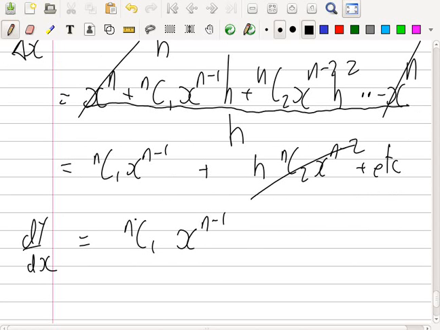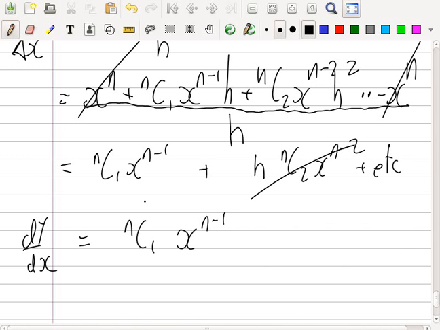But remember, nC1 is the first part of the triangle, isn't it? So when you think about your Pascal triangle, what are the numbers running down the side? 1. And then when you move in, what number do you get? You get the row number. Like if you look at the third line, you get 1, 3, and the fourth line, 1, 4.